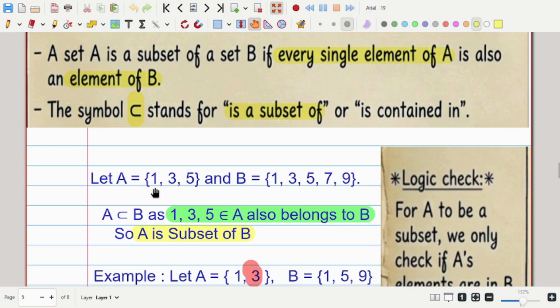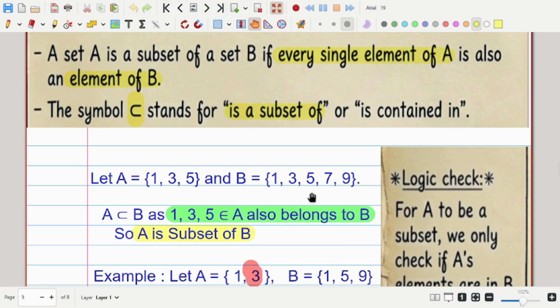Is 1 present in set B? Yes, 1 is present. Is 3 present in set B? Yes, 3 is present. Is 5 present in set B? Yes, 5 is present. That means all elements of A are present in set B. Therefore, A is a subset of B.